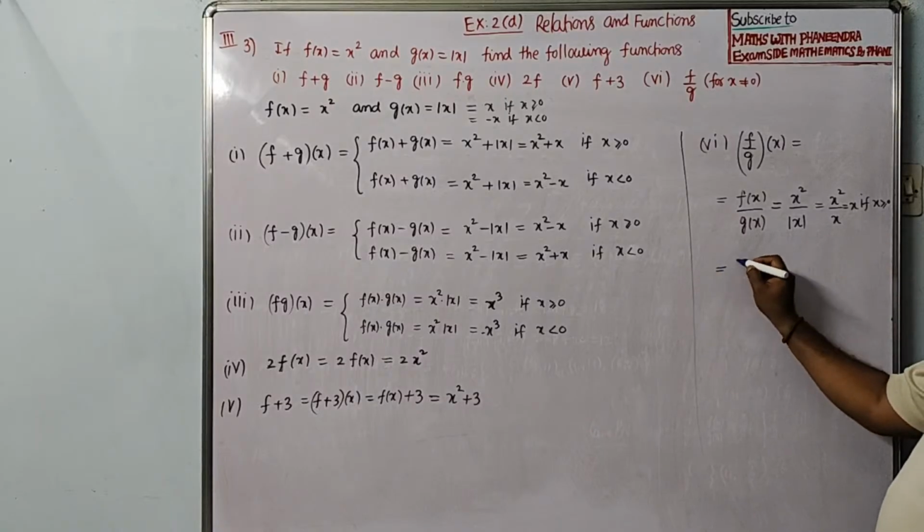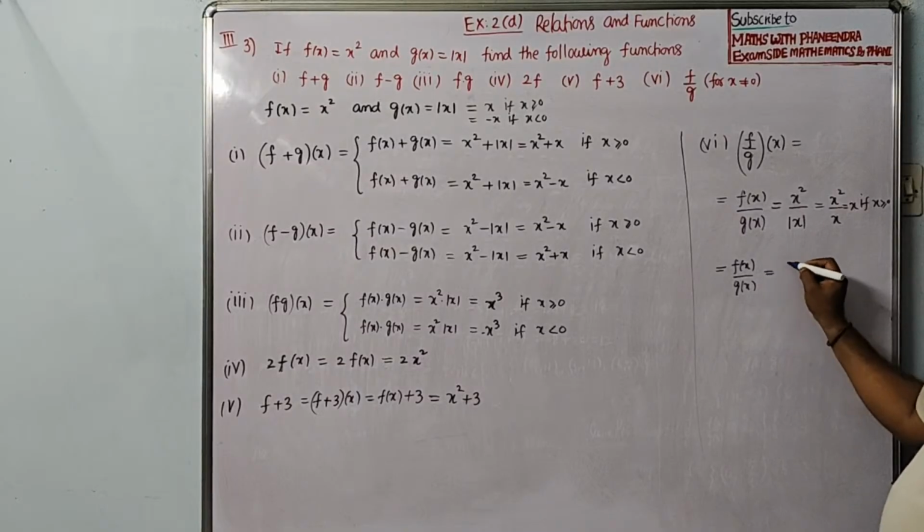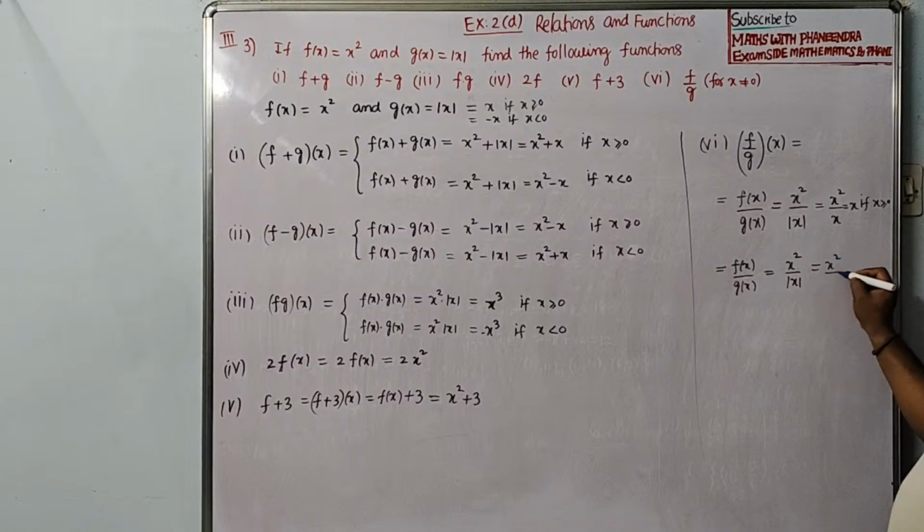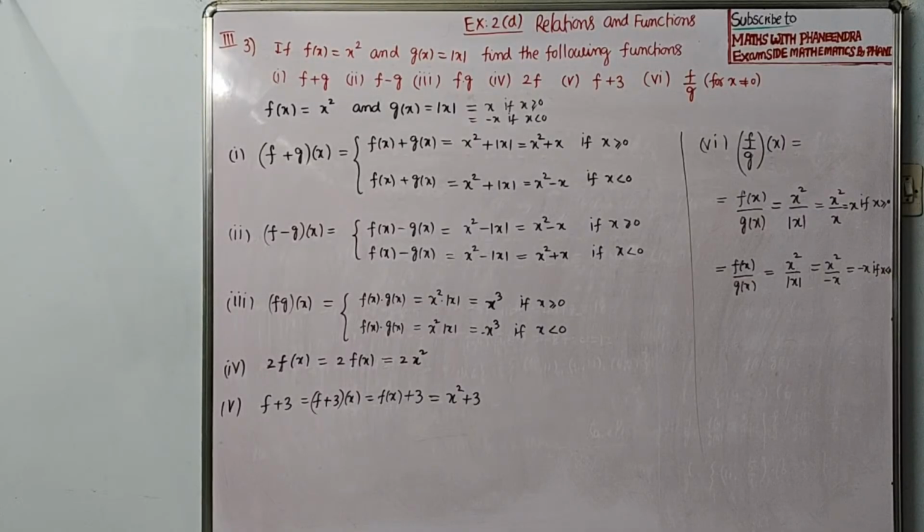Second possibility, x squared by mod x, so x squared by minus x, that is equal to minus x if x is less than 0. This is the conclusion for question number 6. Okay, dear students, till here we completed. More 2 questions are there. I will finish that also.